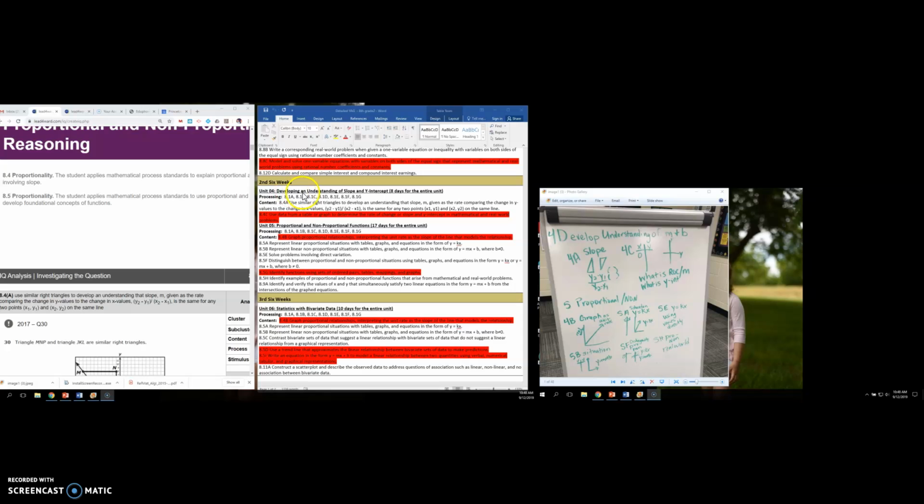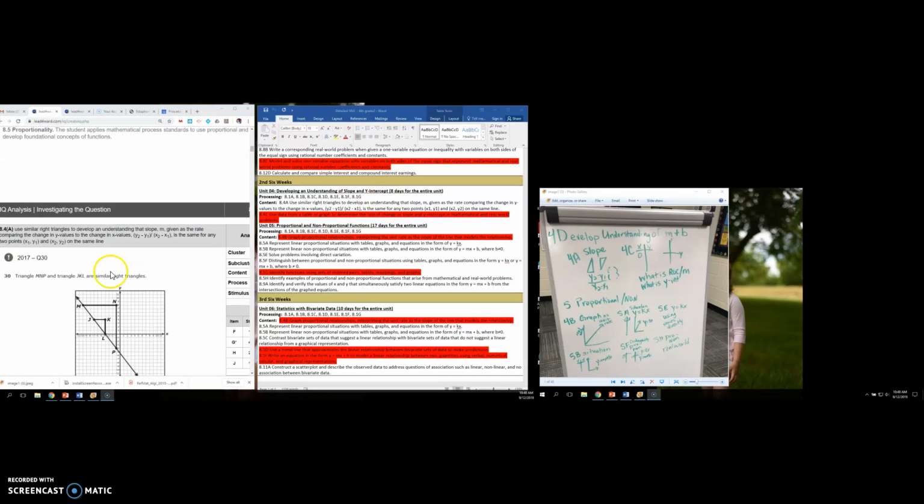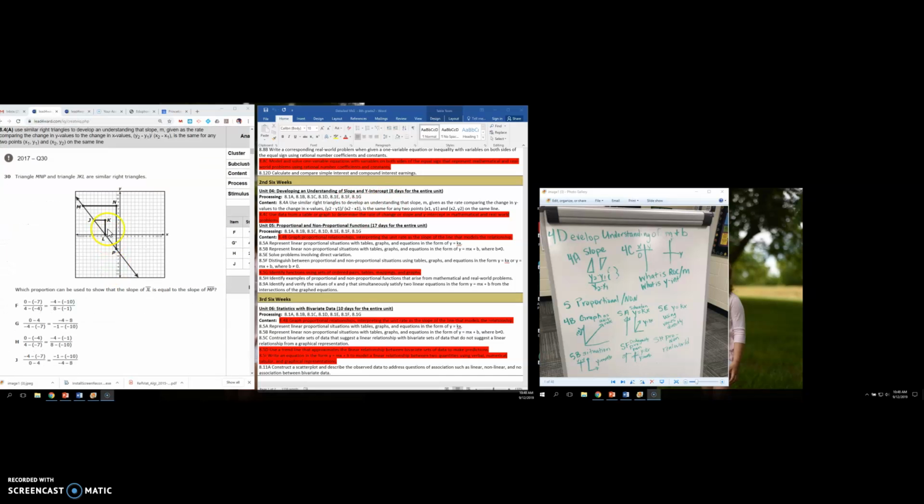So developing an understanding of slope, if we look at the first TEK, 8.4a, the first part is use similar right triangles to develop the understanding. So if we look at how it's been tested in the past, it is a graph with two similar right triangles. This will help them start to recognize that you are looking at the rate between your x and y values.